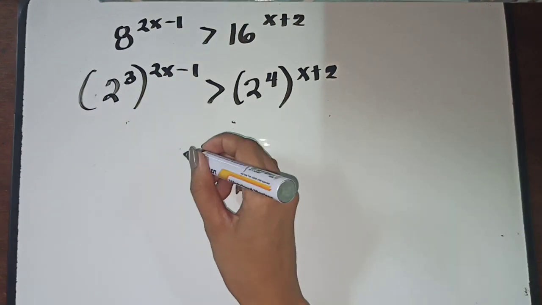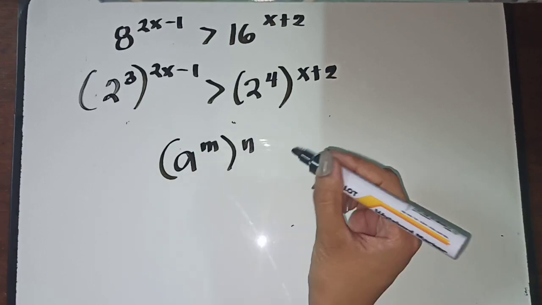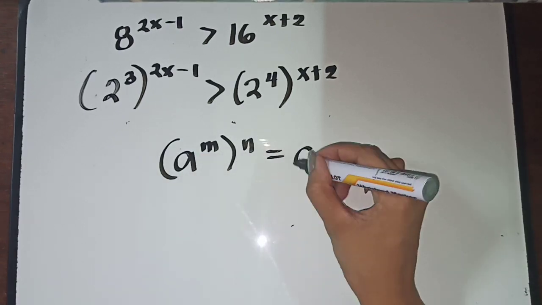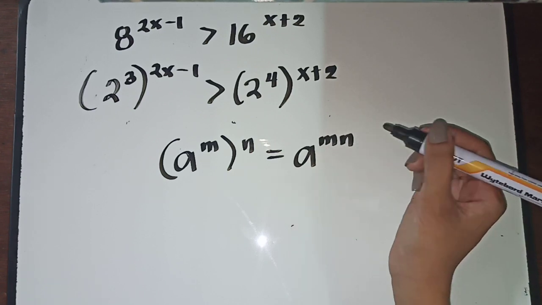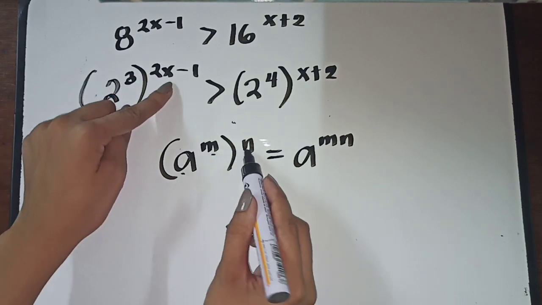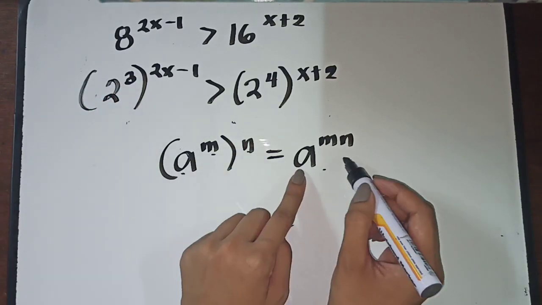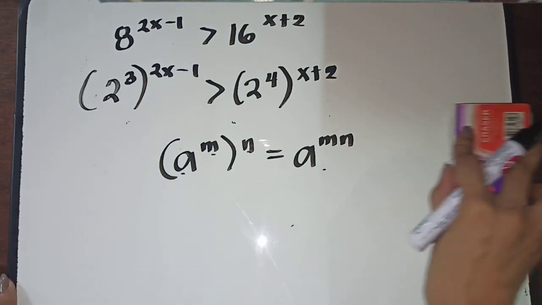Again, kung meron akong a raised to m raised to n, it is also equal to a raised to mn. Ibig sabihin, you need to multiply the exponent.